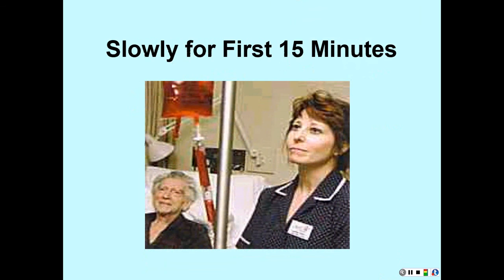When you hang your blood, you want to start it slowly. My hospital's rule is that we start it at 50 milliliters an hour, and we stay with our patient the first 5 minutes. But we run it at 50 an hour for 15 minutes.